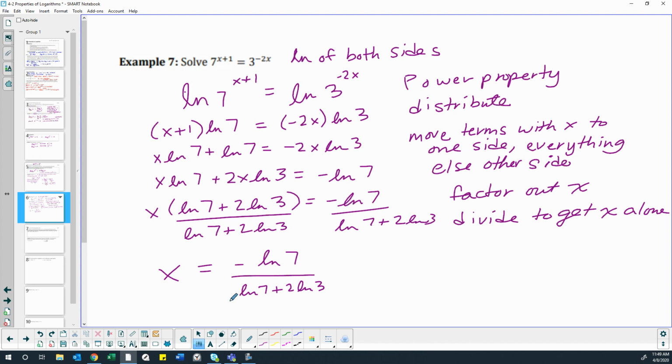Now I know some of you are thinking, wait, can I cancel that? No, you cannot because these are adding. This is an entire binomial that's connected together, and so that individual term cannot cancel with that term. So this whole thing has to go in the calculator very carefully with parentheses, and if you do it correctly, you'll get the result negative 0.47.